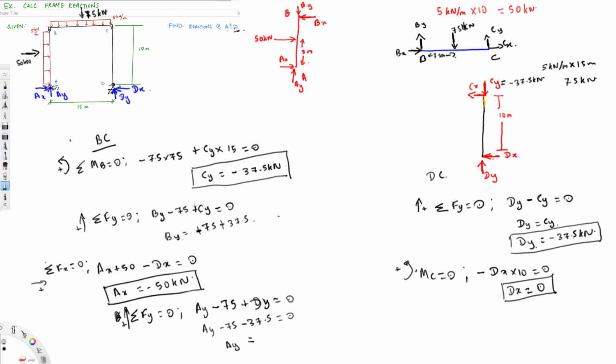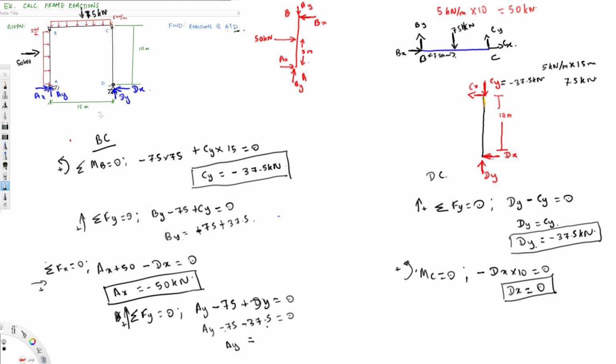So wait a minute. This is 75, okay, and Ay is in the upper direction, 75 in the down, and 37.5 in the Dy, right? Dy is acting down, so we have two down, and Ay is acting up.